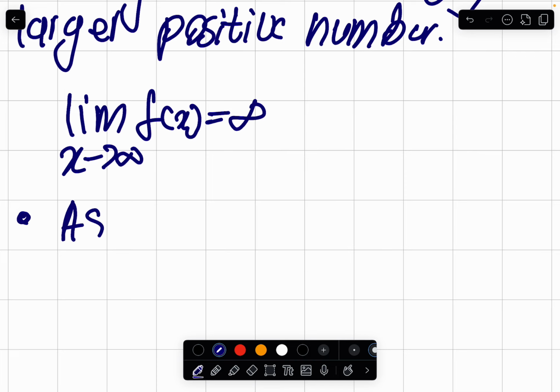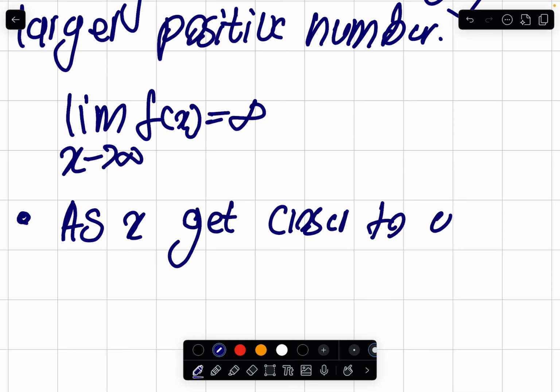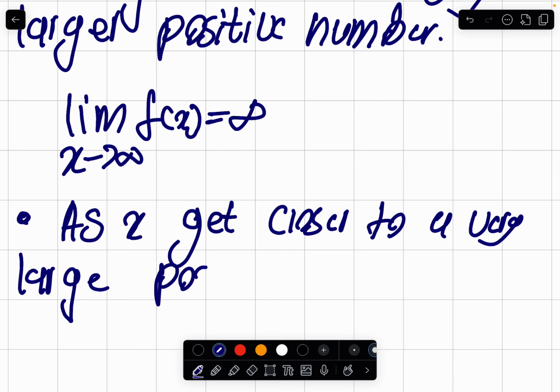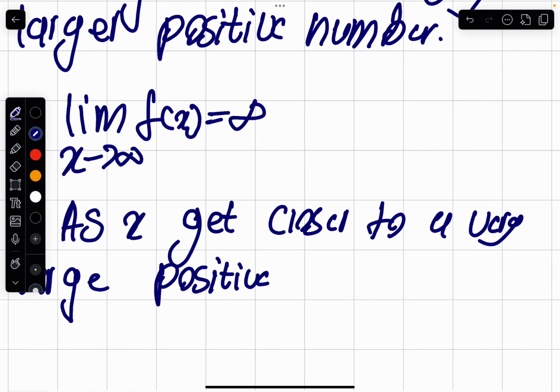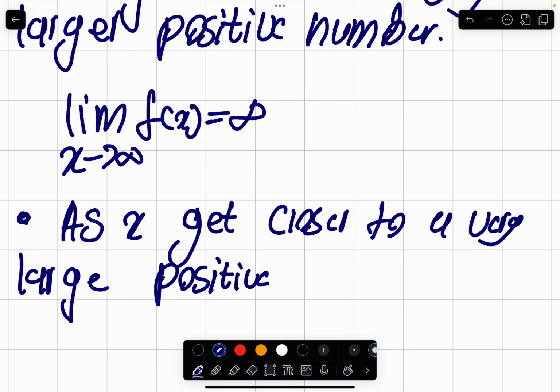Point number 1, you're going to say as x gets closer to a very large positive number.